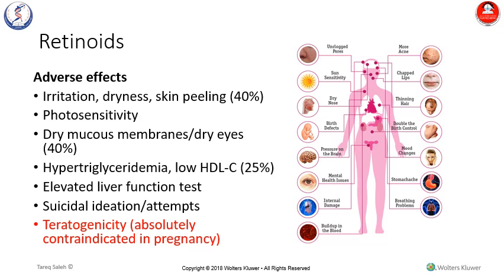The most probably important adverse effect of retinoids is that they are very teratogenic, and there is a very high risk of birth defects if pregnancy occurs while taking isotretinoin, and this drug as well as the other retinoids are contraindicated during pregnancy.